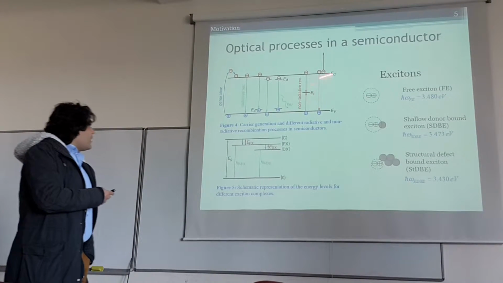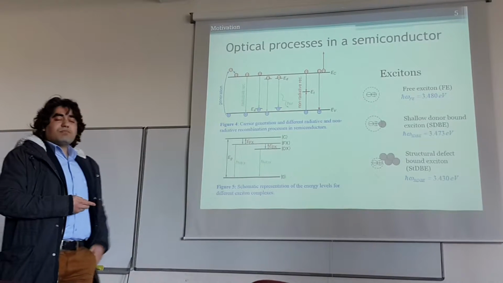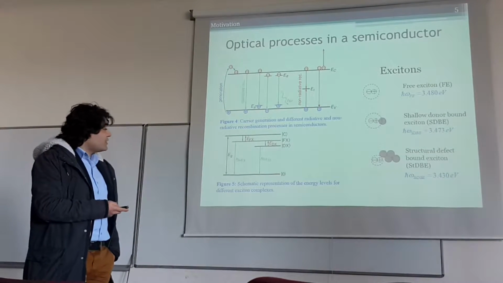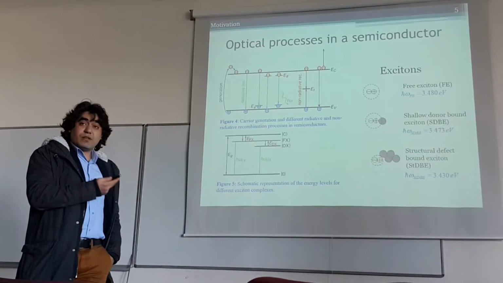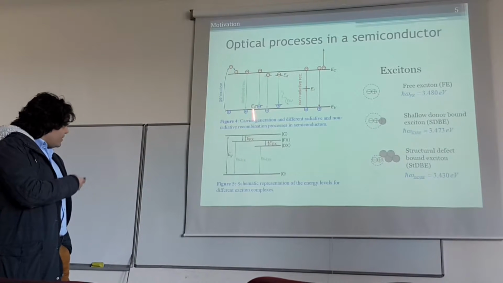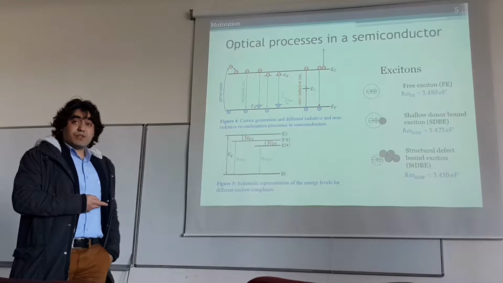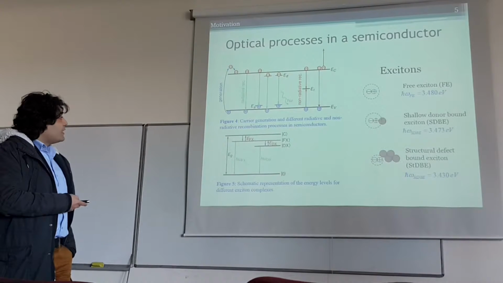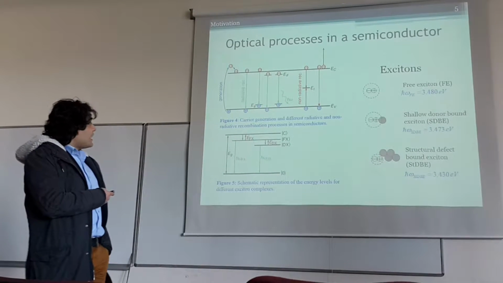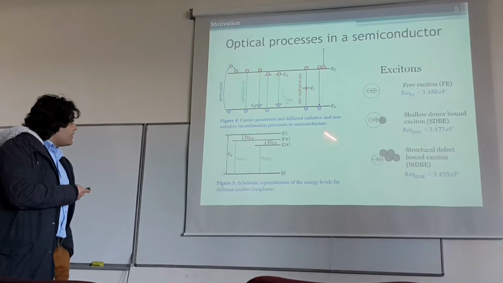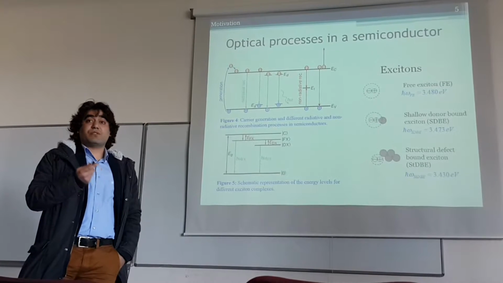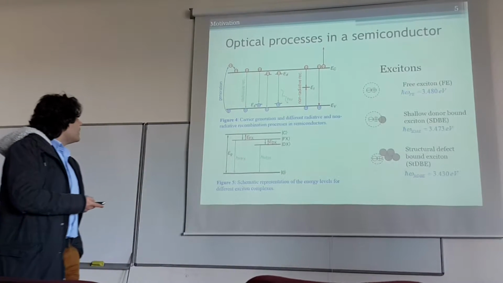In the left-hand side image, you see a conduction band and valence band of a semiconductor. I told you not all of them are recombining radiatively. The green arrows show the radiative recombination paths for a semiconductor, and there are acceptor and donor levels in the band gap, and there are trap levels in the band gap as well due to defects or different impurities.